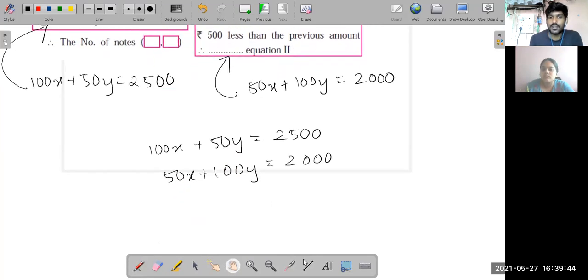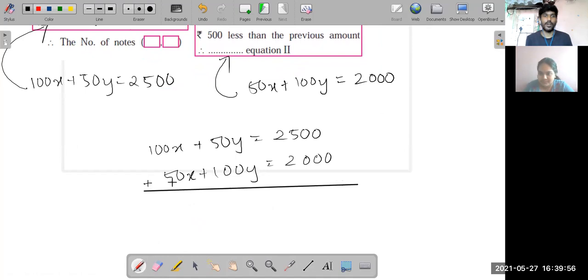First add, then subtract. You remember this technique? Yes, Exercise 1.1. So 100x plus 50x, 150x. And 50y plus 100y.